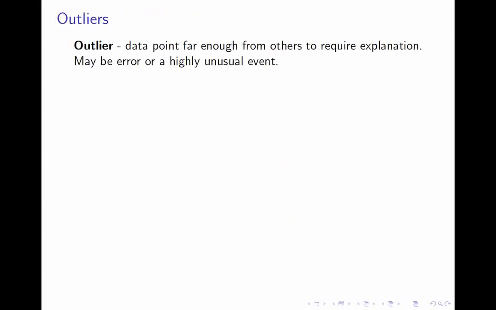So we need to talk for a moment about what an outlier is. An outlier is a data point which is far enough from the others to require an explanation. That is obviously not a technical definition. What requires an explanation? It's more of a definition based on feeling. And in fact, what qualifies as an outlier depends on the context and your attitudes towards it.